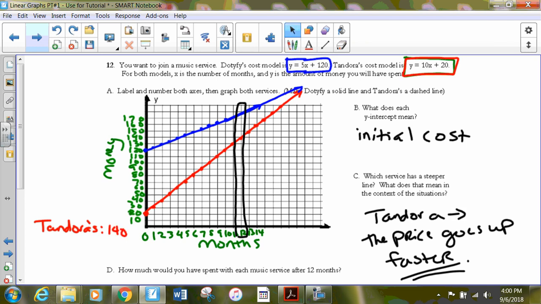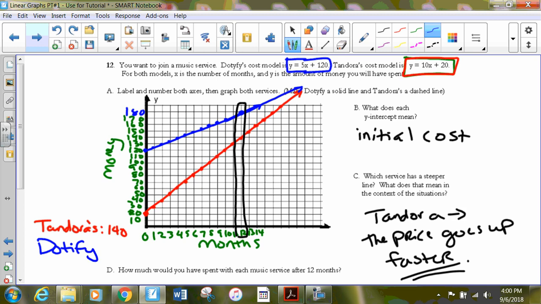And then let's see if we can tell Datify's. Let's see, we'd be going up there, over, up, over, up, over. We'd be right there on 180. Okay, so at that point, Datify is still more expensive because it started out so high.